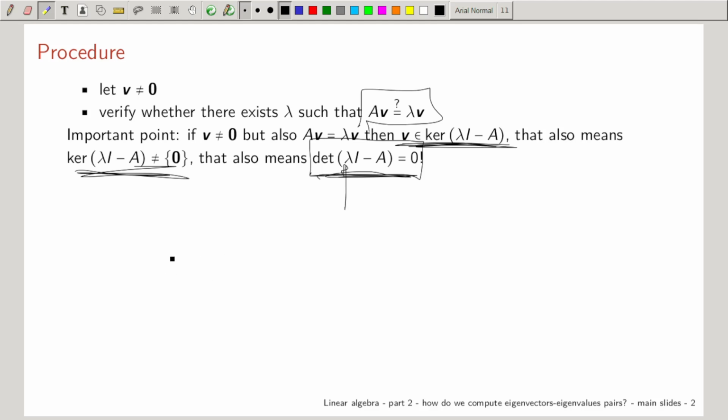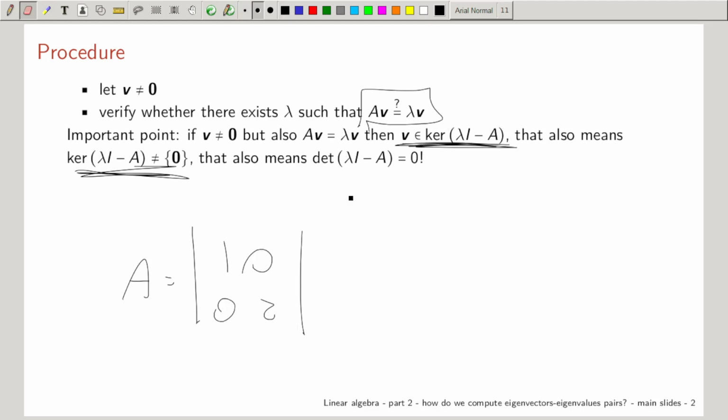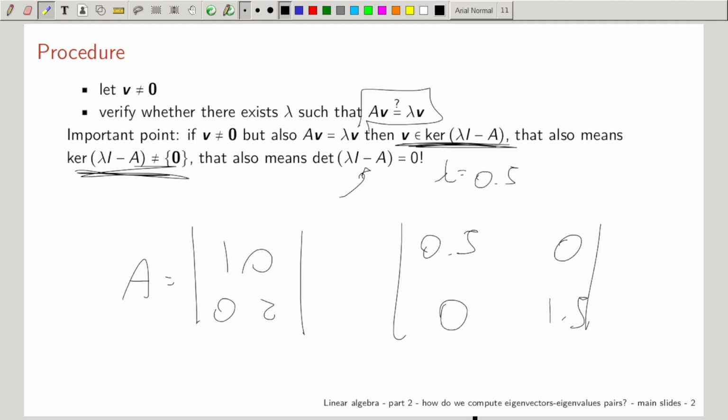Let me make an example. A equals 1, 0, 0, 2. Now I plug in here lambda equals 0.5. What am I asking myself? I'm asking whether the matrix with 0.5, 0, 0, 1.5, putting lambda equals 0.5 and subtracting, has determinant equal to 0.